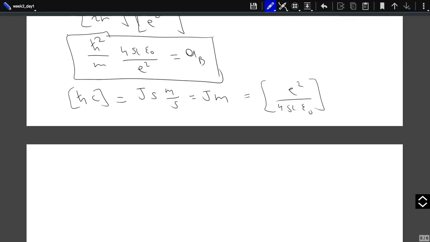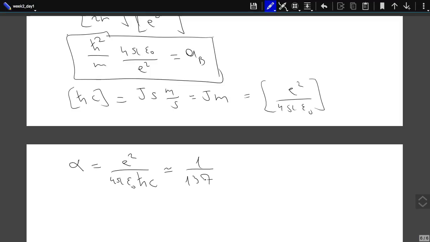So if you just take the ratio, it's a dimensionless quantity, which we call the fine structure constant. And its numerical value is 1 over 137 approximately. This is just the definition.